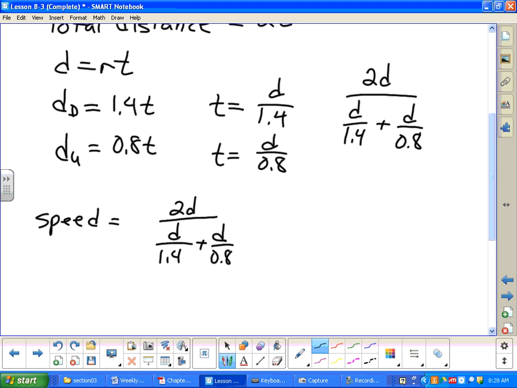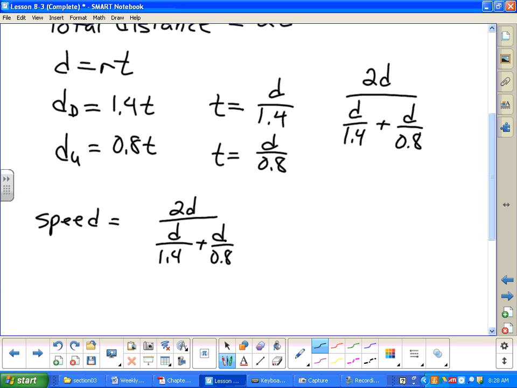So what we need to do now is simplify this rational expression to find the average speed. So what will we do now to simplify this? What do we need to do?